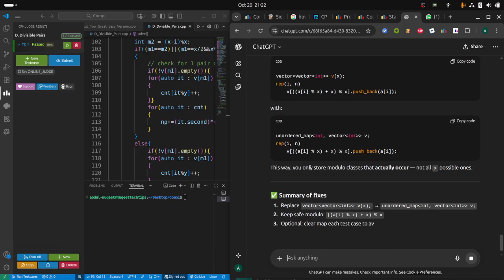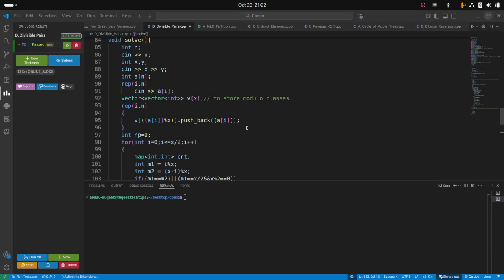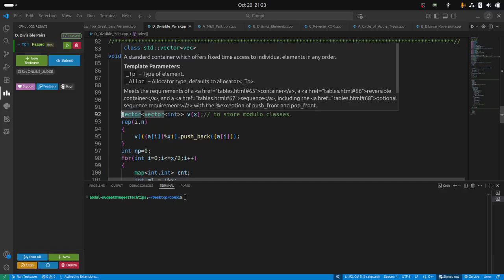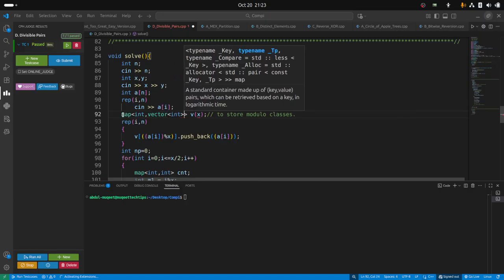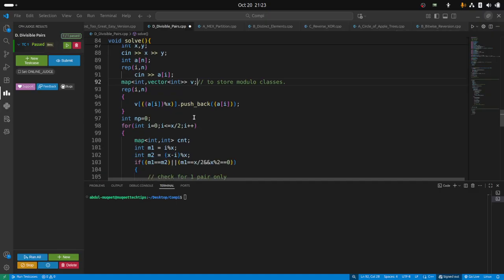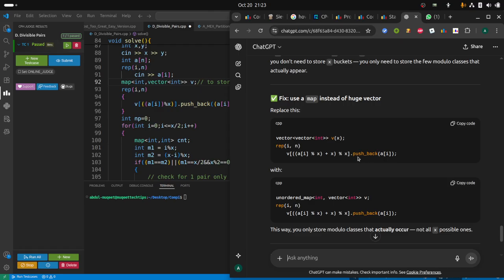Okay, fine, let's just try it. The solution also uses the map and comma vector of it. Use something like this. And how do I push back elements?